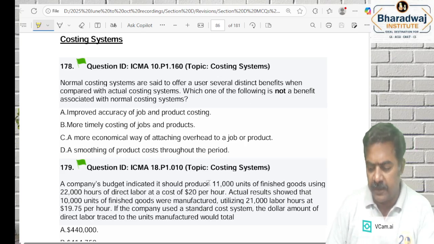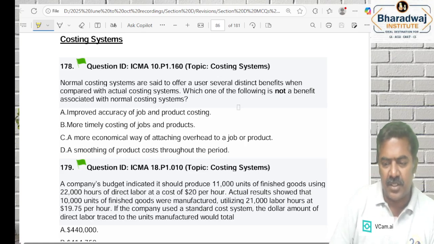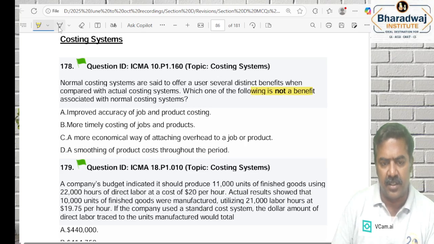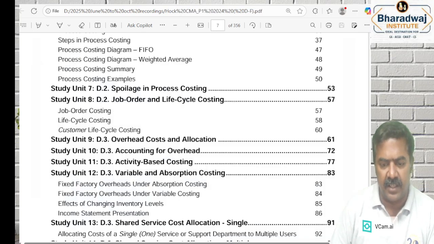Sir, is it D? Smoothing of product cost throughout the period, no. It is not smoothing the cost. There is nothing to do with smoothing the cost because everything we take at actual rates.